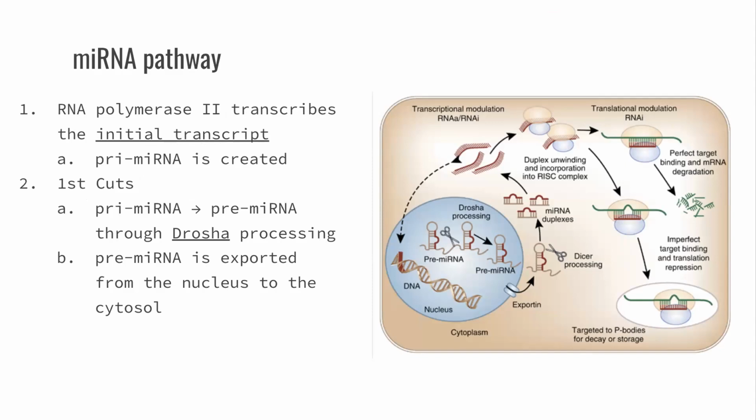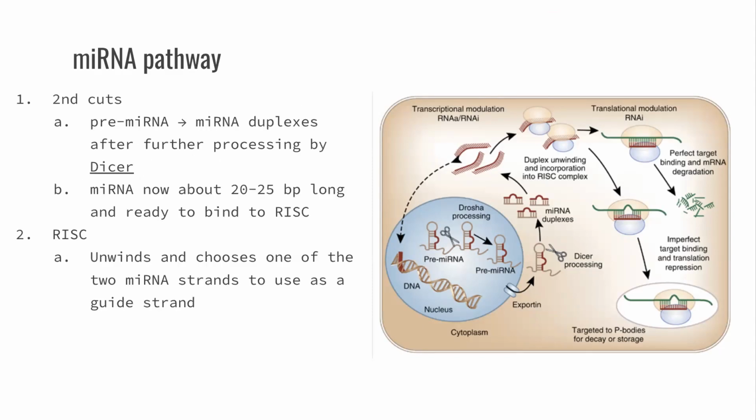Okay, so for the specific pathway, it starts out as pre-miRNA, then it is processed by Drosha in the nucleus, and then it is exported into the cytosol by exportin, after being processed by Drosha. And then once it's in the cytoplasm, second cuts are made by Dicer, and then we have these miRNA duplexes that are unwound or pulled apart by RISC, which we talked a little bit about before.